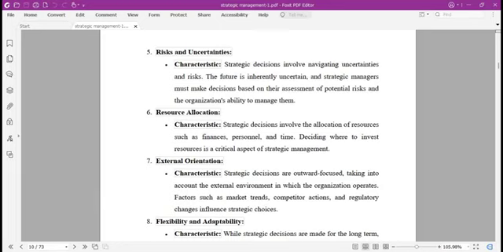What are the regulatory changes being taken into consideration that influence strategic choices? All these are essential for an organization to thrive. All these are essential before strategic management decisions are taken.